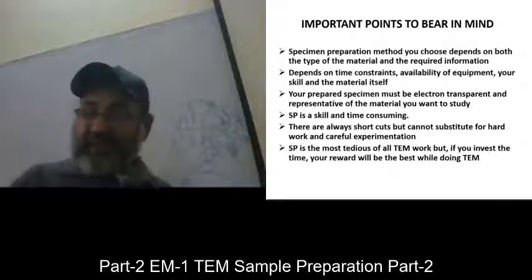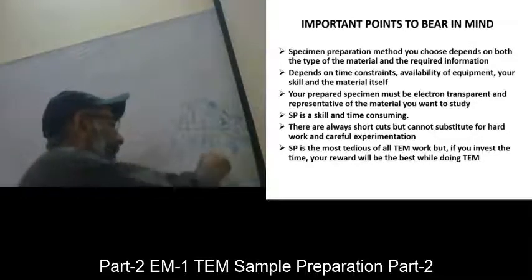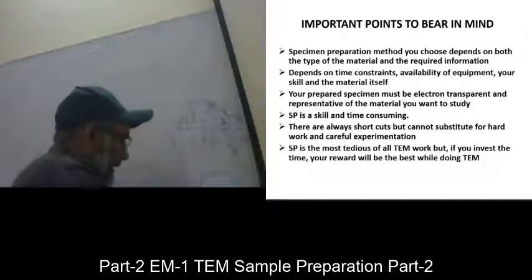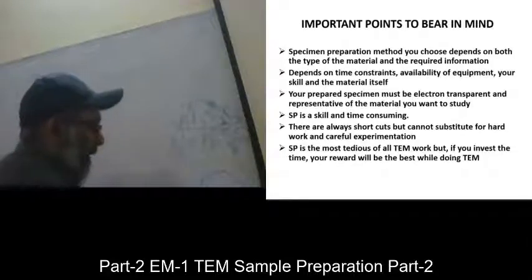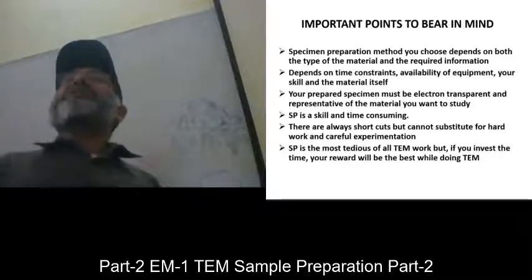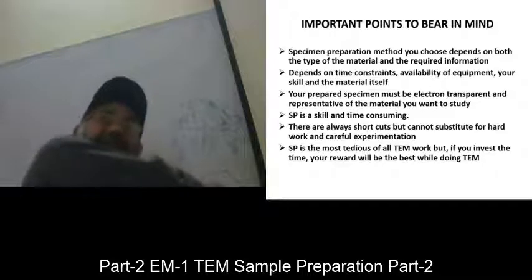Now, if the material is something like this, you have a polycrystalline material like this, and then another crystal starts here, right? Now, this triple junction is usually different than the bulk of the sample.